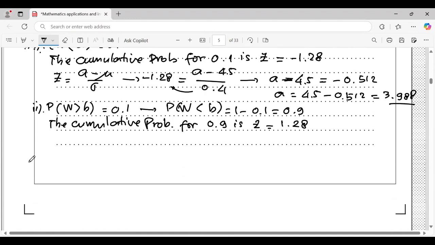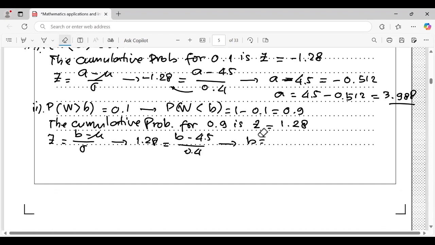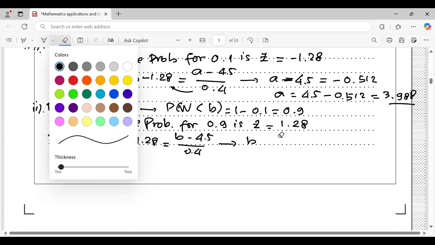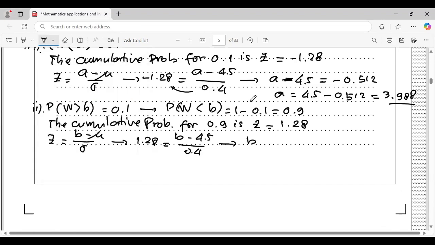So according to the formula, z equals b minus mu divided by standard deviation, or 1.28 equals b minus 4.5 divided by 0.4. So b minus 4.5 equals 0.512.